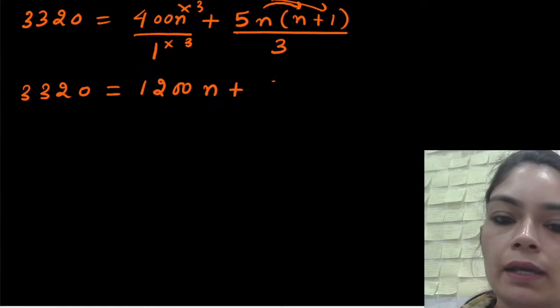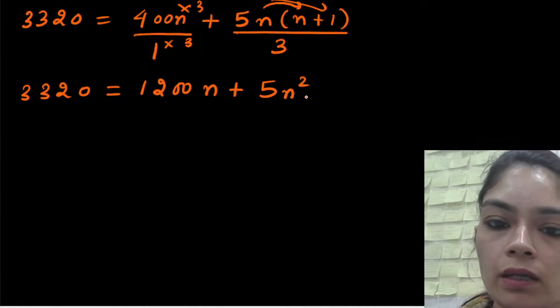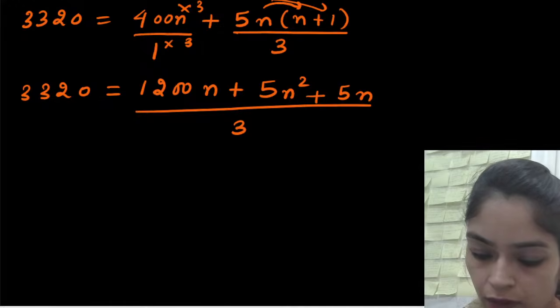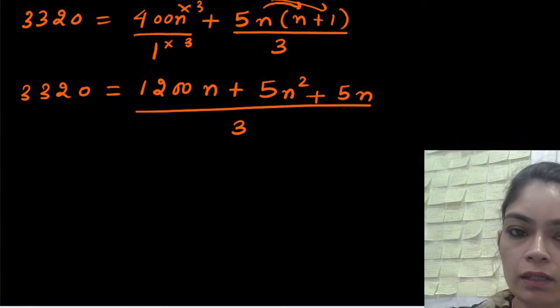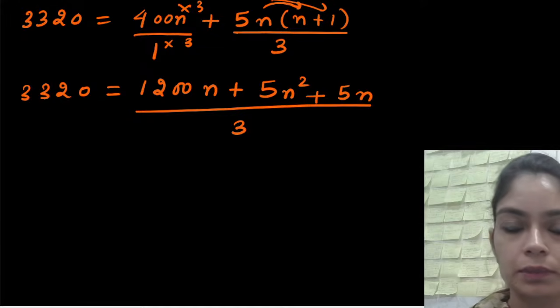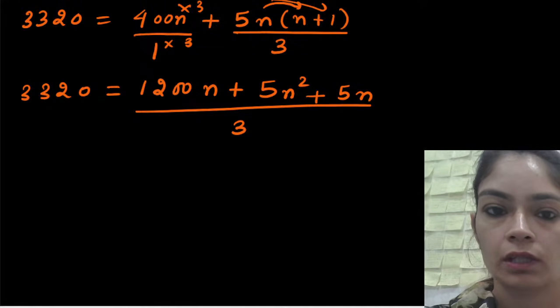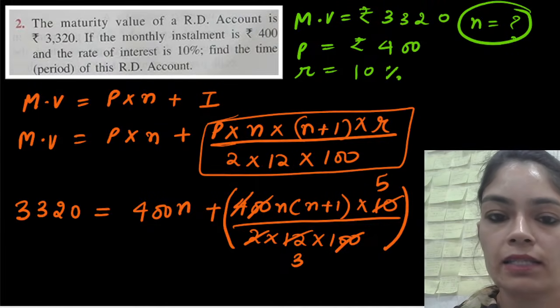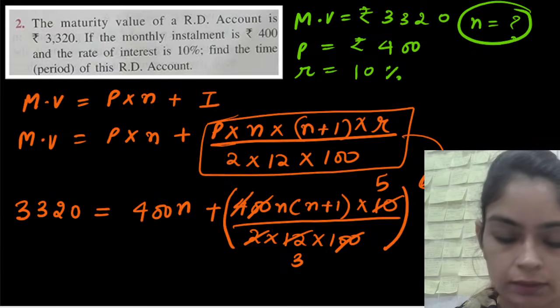Here if I multiply, I'll get 5N square plus 5N by 3 because I have taken LCM. So till here, anyone any doubt, you can ask me. I've just done the substitutions. I've used MV's formula, P into N plus I. Then in I's place, I've written its formula. Then I've just substituted the given things.